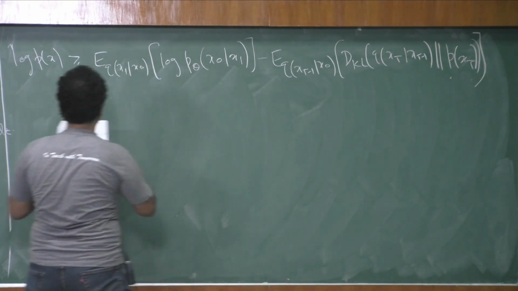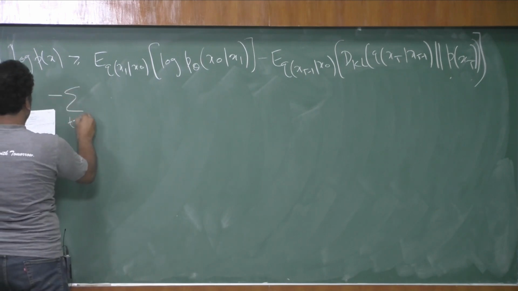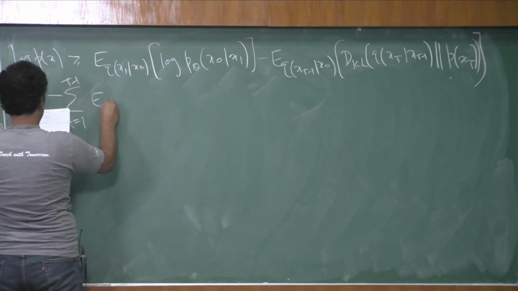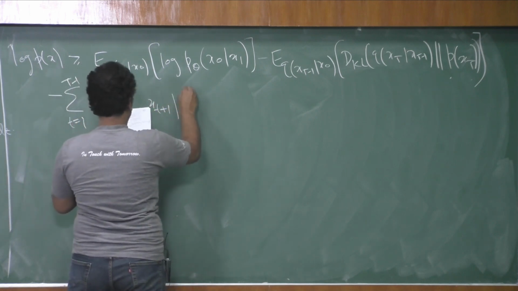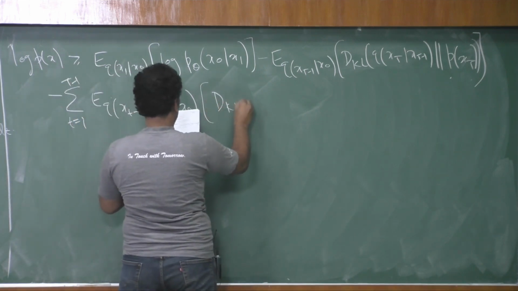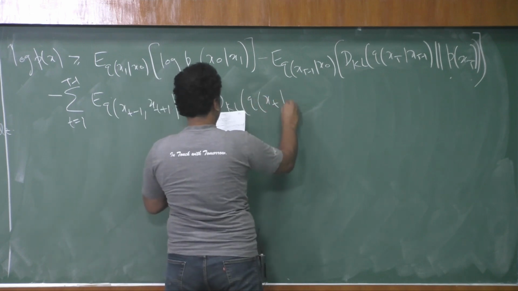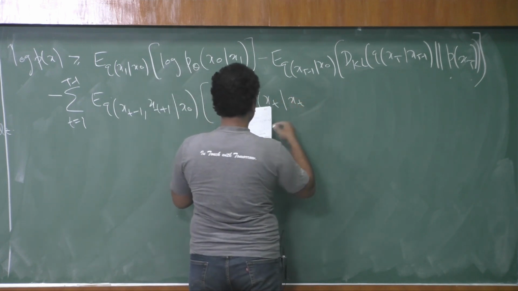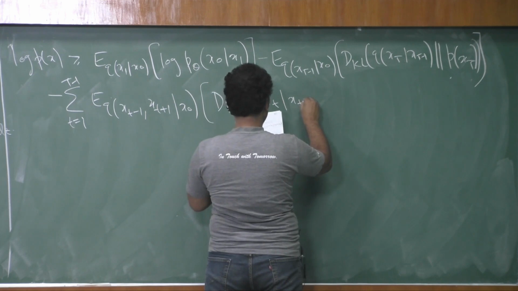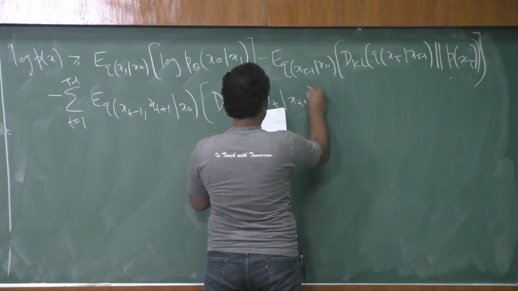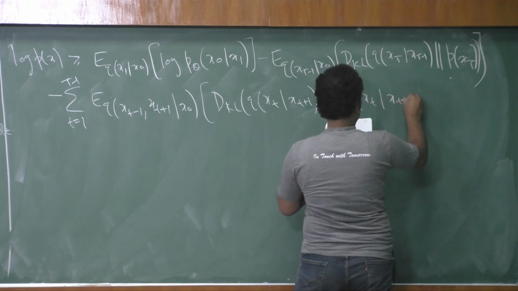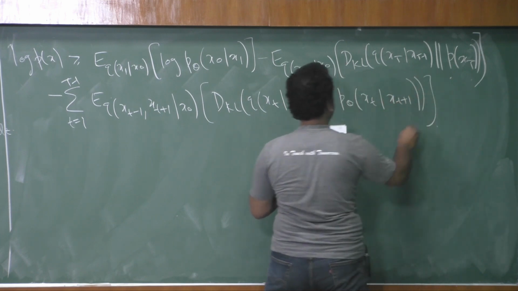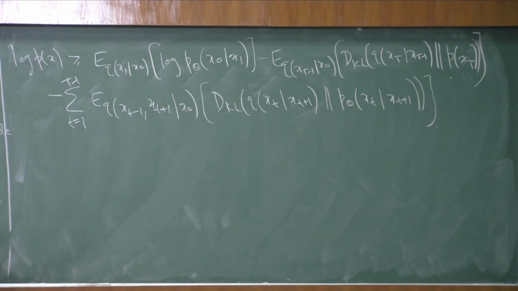And then we had the final term, the sum term: the expectation under q(x_{t-1}, x_{t+1} given x_0) of the KL divergence of q(x_t given x_{t+1}) from p_theta(x_t given x_{t+1}). So we did these derivations before. I'm not redoing them, just writing the main things.